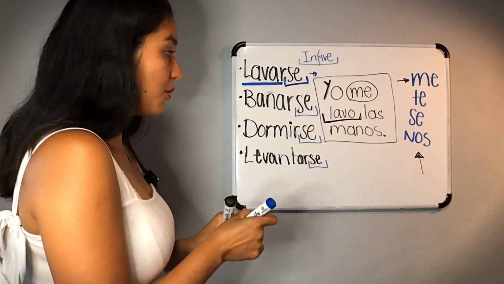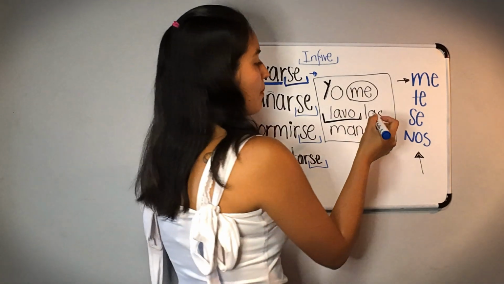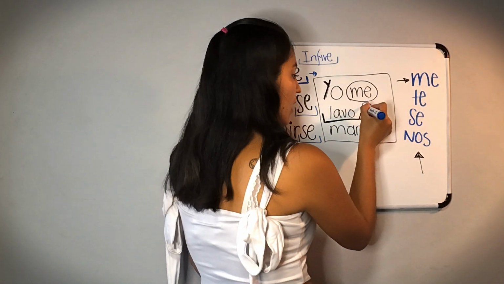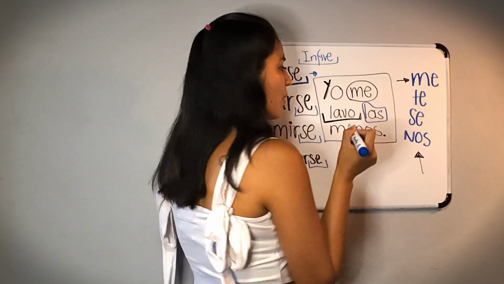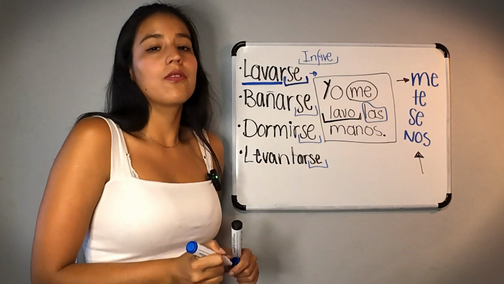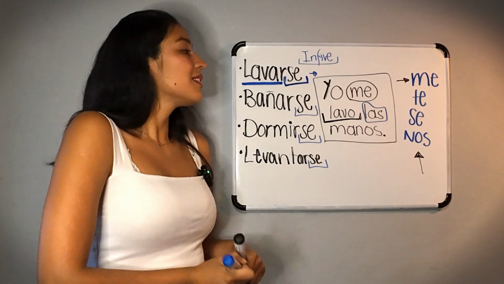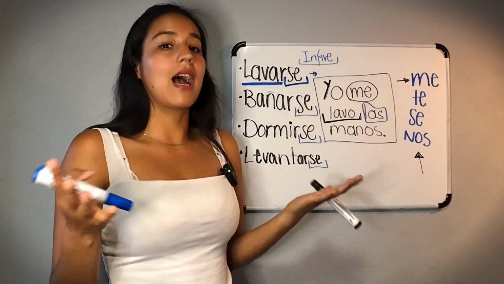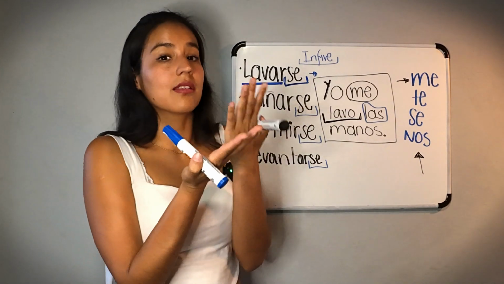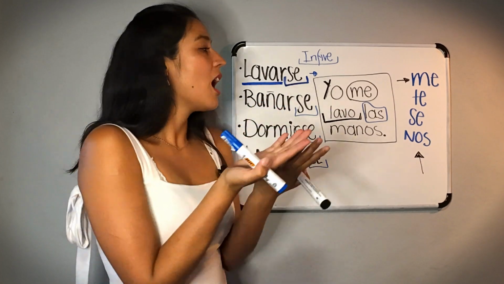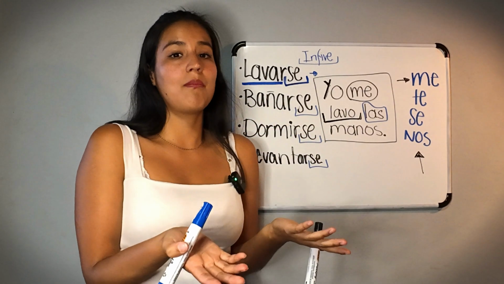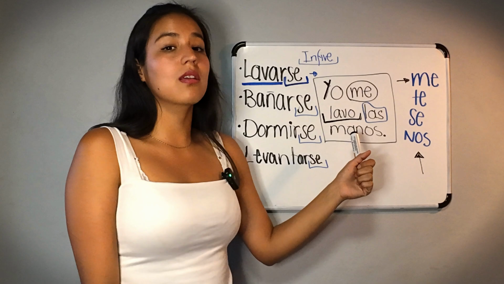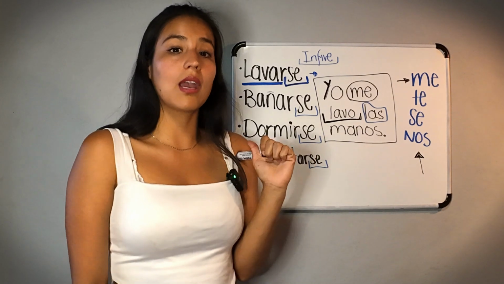Okay, and something else. In English you say, I wash my hands, okay? But here we have las instead of my hands. Since we already have these reflexive forms, that means I'm receiving the action, or in this case, my hands are receiving the action, so I don't really have to mention my. That's why we use las manos instead of mis manos, okay?